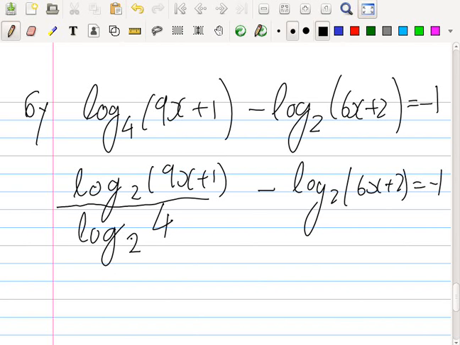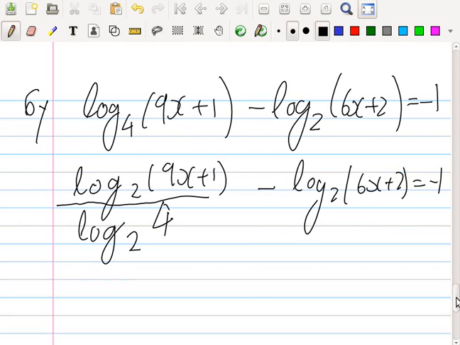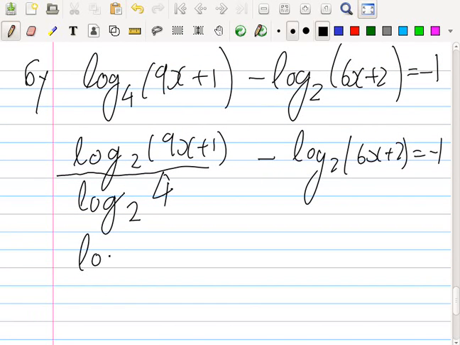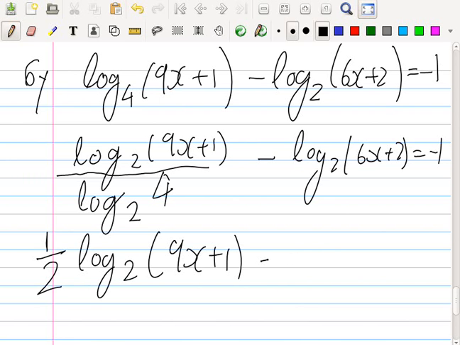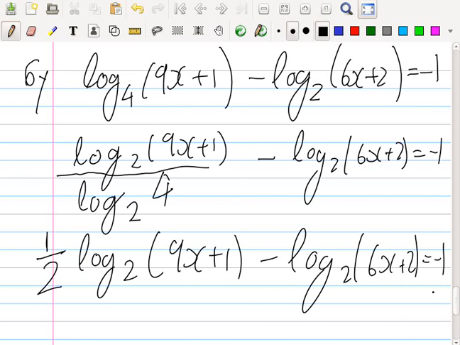Now, what is log base 2 of 4? 2 to what power makes 4? 2. So this has become log 2, and 1 over 2 is a half, isn't it? So, a half log base 2 of 9x plus 1, minus log base 2 of 6x plus 2, equals minus 1. Okay, I'll pause there for a minute for you to write that down.